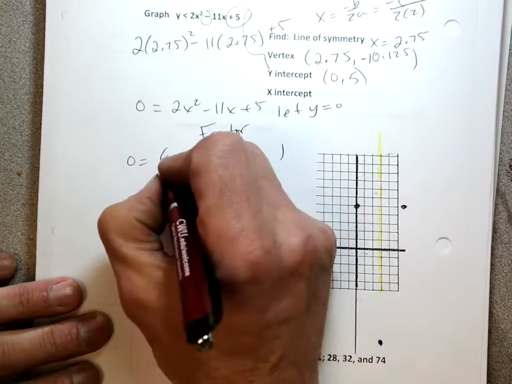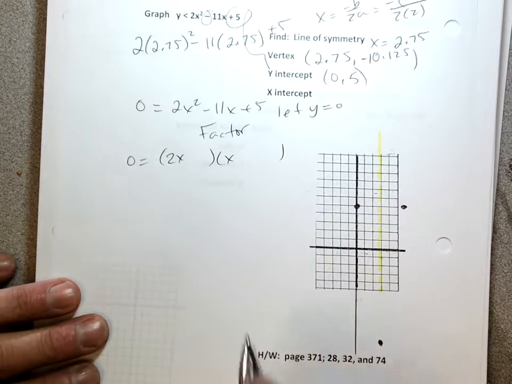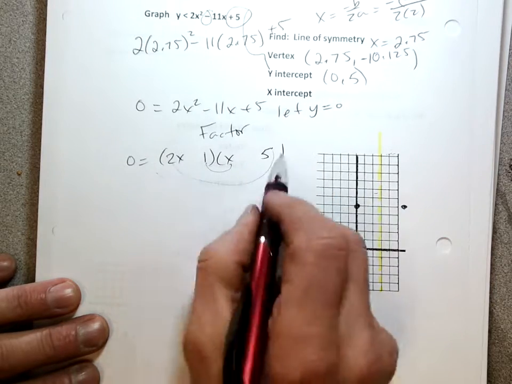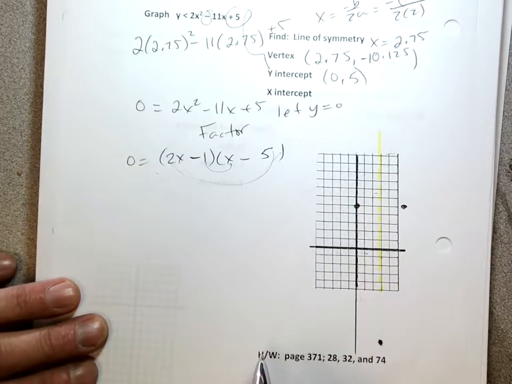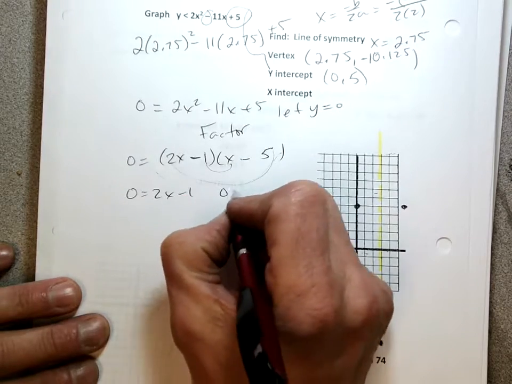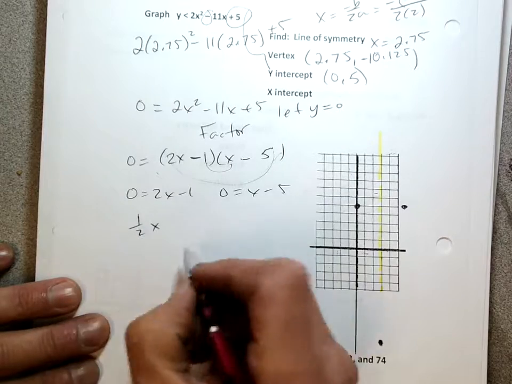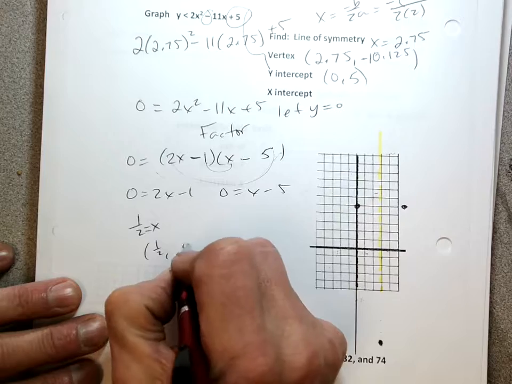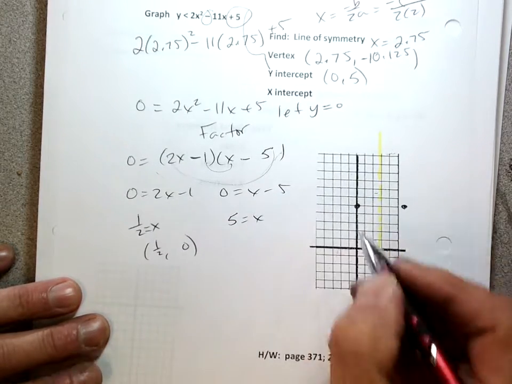I have to have a 2x and an x, and a 5 and a 1, but I'll put my 5 here and my 1 here because I need my double smiley to make my 11, so negative, negative. If I solve, I'll have 0 equals 2x minus 1, and 0 equals x minus 5, plus 1 divided by 2. Okay, one x-intercept is at 1/2, 0, and the other's at positive 5.